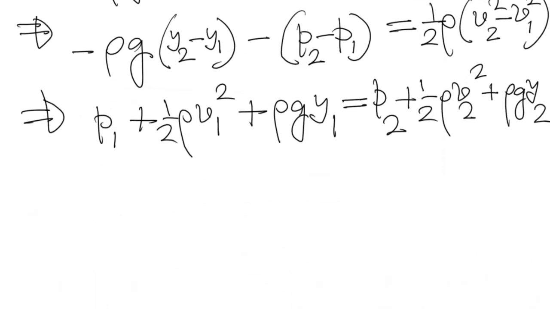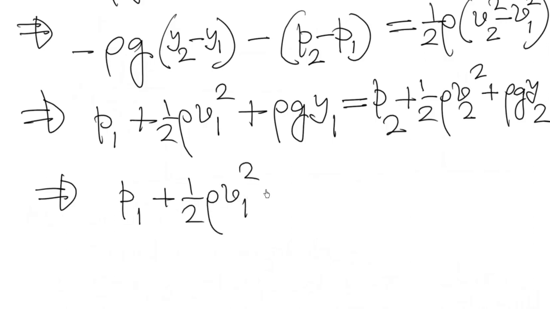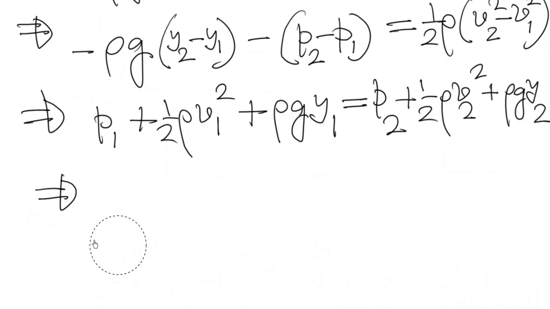And this equation means that p1 plus half rho v1 square, so at the entry point the sum of pressure and these terms is equal to that at the exit point.